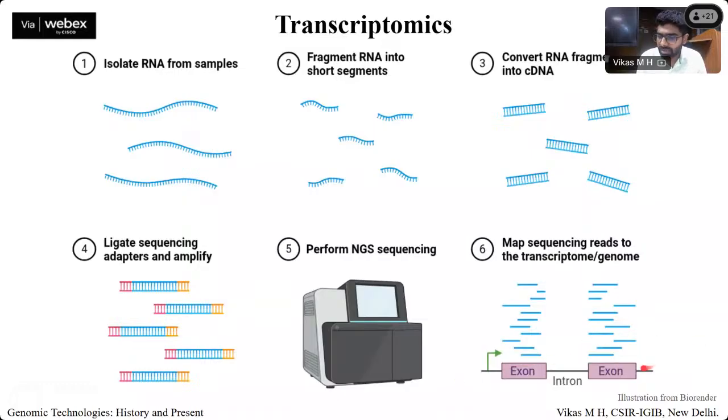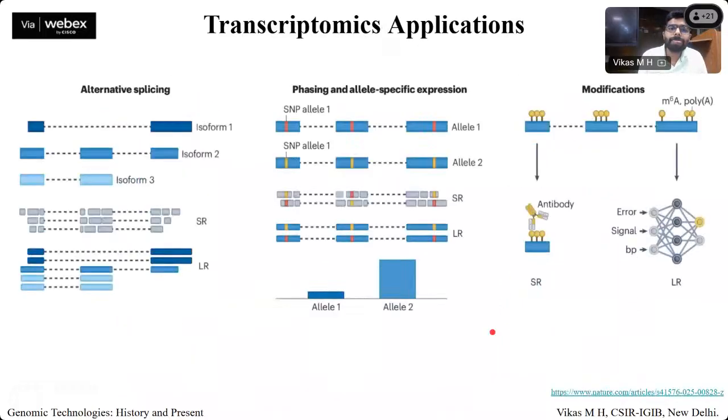So now you have a sequence of the genome from the genetic material, the DNA, and you have a map of the transcripts as well. So now you know which part of the DNA is being expressed, and how much of it is being expressed based on the copy numbers, like how much depth it has in proportion.